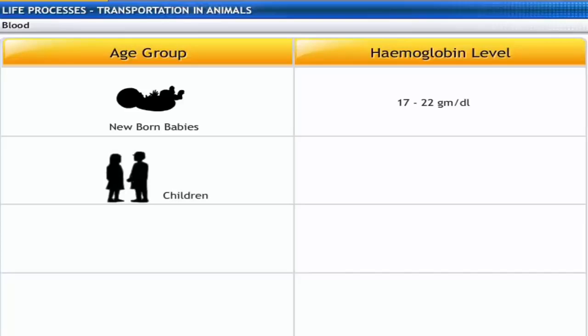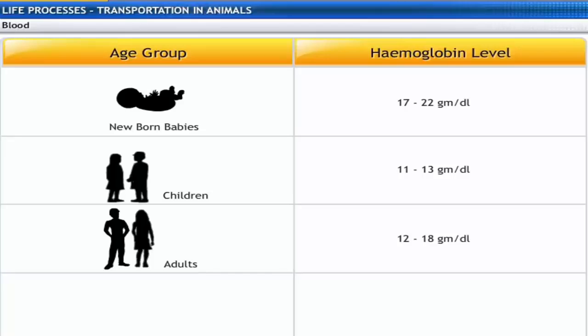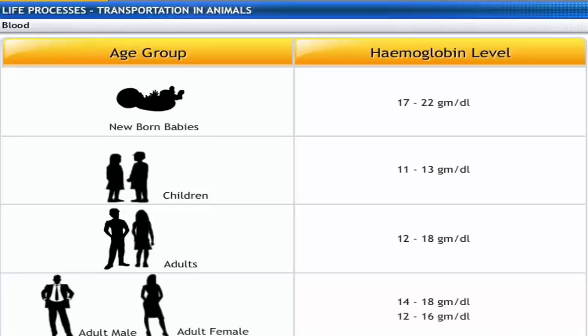For children, the normal range is in between 11 and 13 gram per deciliter, and for adults, it is between 12 and 18 gram per deciliter. An adult male has a hemoglobin level between 14 and 18 gram per deciliter, and in adult women, it is between 12 and 16 gram per deciliter.